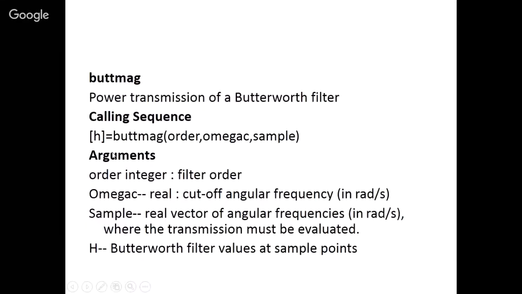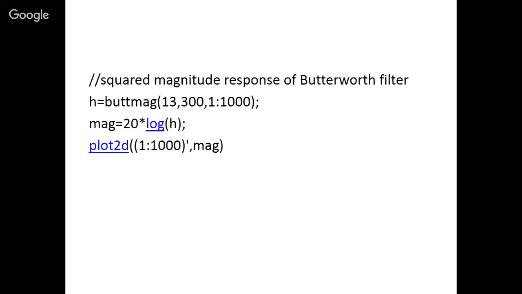But here we are giving the Butterworth filter values directly. We are giving the order, then the omega value and cutoff frequency, and the sample values where the transmission must be evaluated, and directly you will get the filter coefficients at the sample points. That is BUTT MAG.